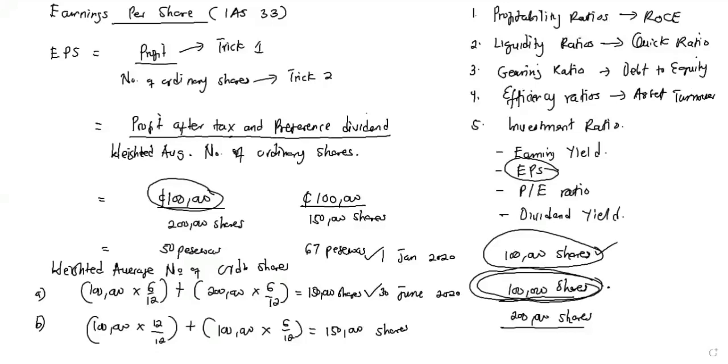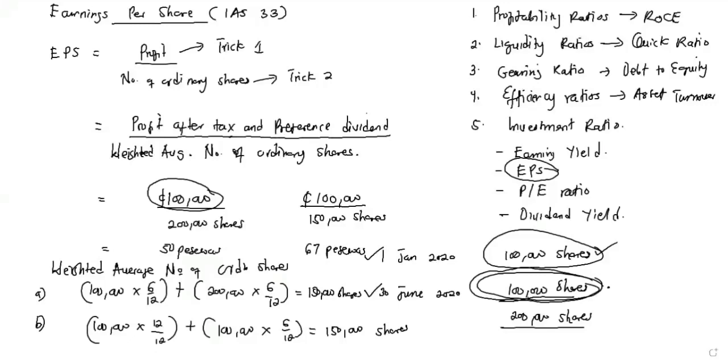Okay, so I'll give you one question, then we look at it, so that you'll be used to the trick in terms of the weighted average number of ordinary shares. So I'm sharing my screen so that we look at an example.